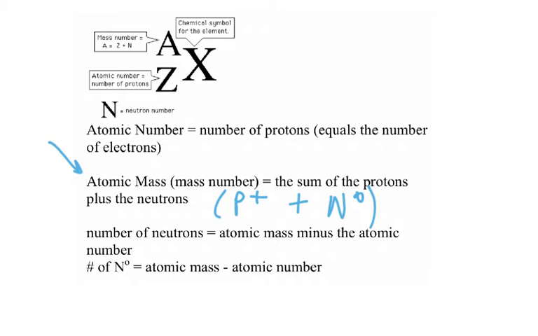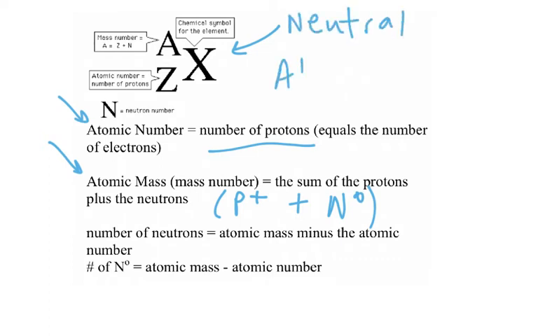So the mass number goes on the top left-hand corner. On the bottom left-hand corner, represented by the letter Z, is the atomic number. This is important because the atomic number is the number of protons. Now notice that this corner is empty. If this is blank, that means that the atom is neutral.